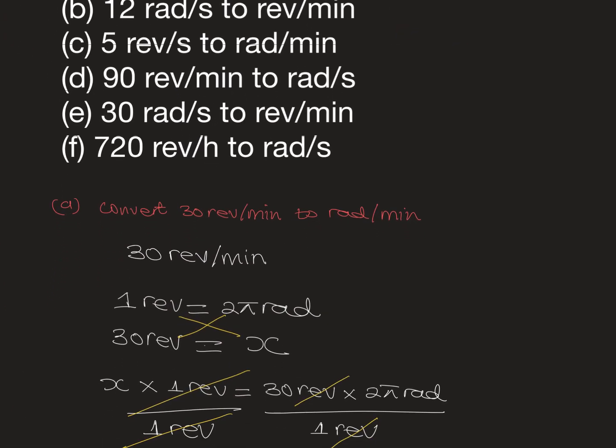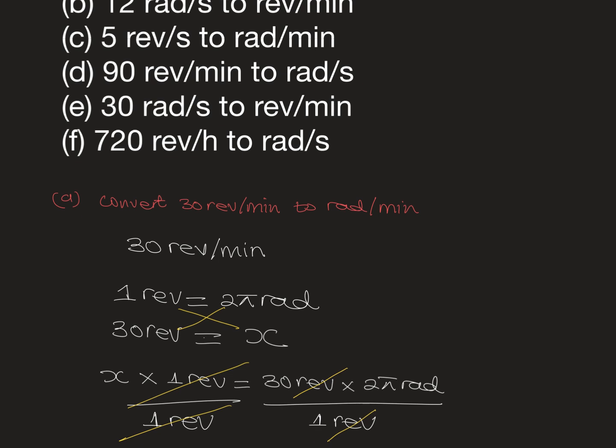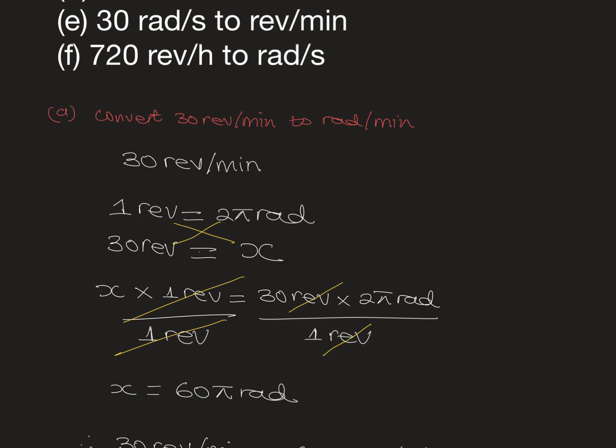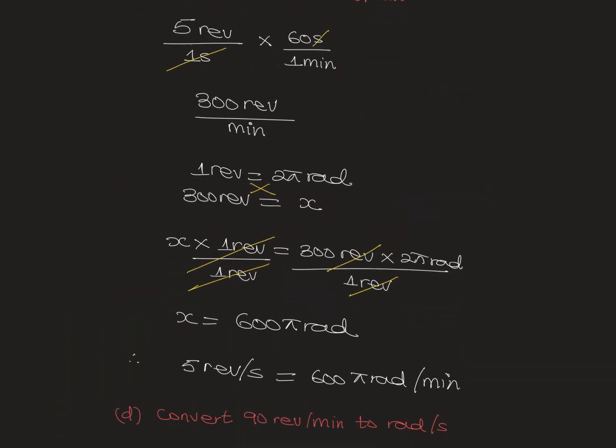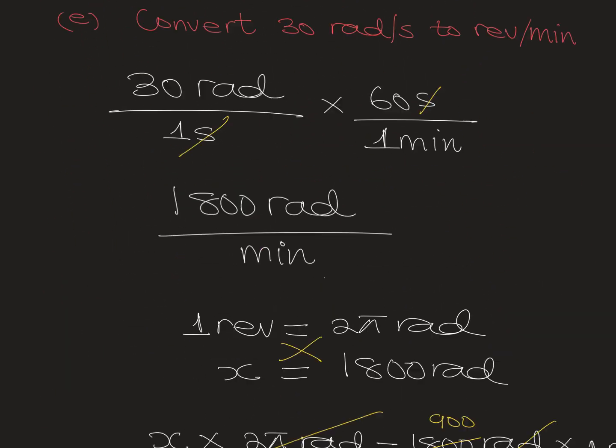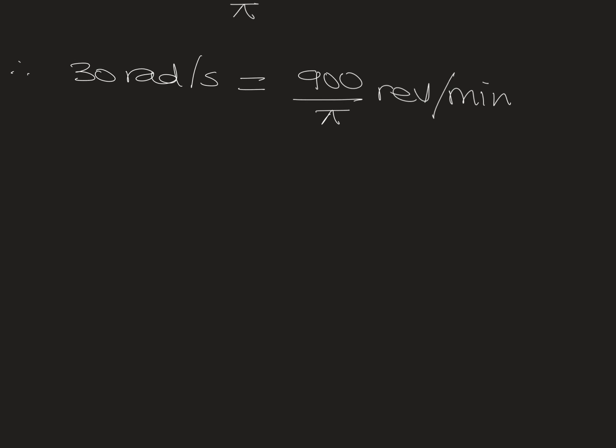Moving on to F, convert 720 revolutions per hour to radians per second.